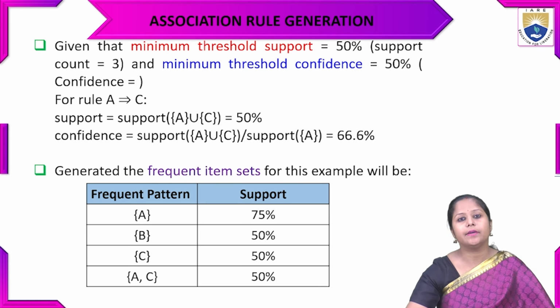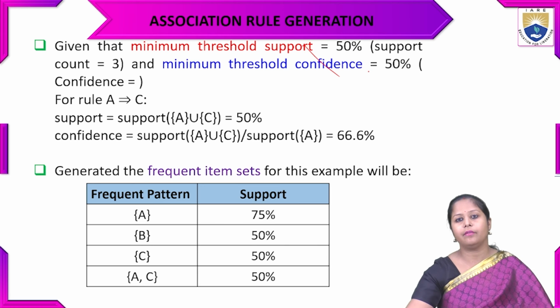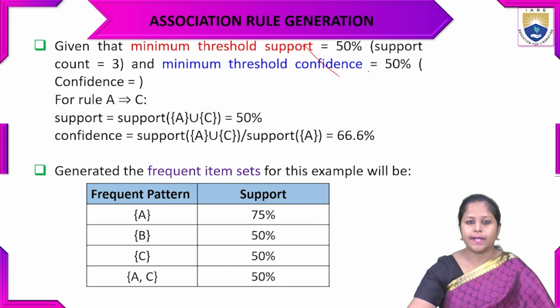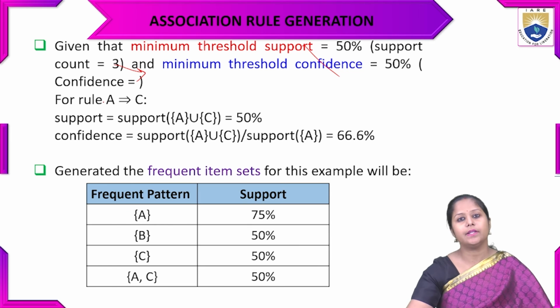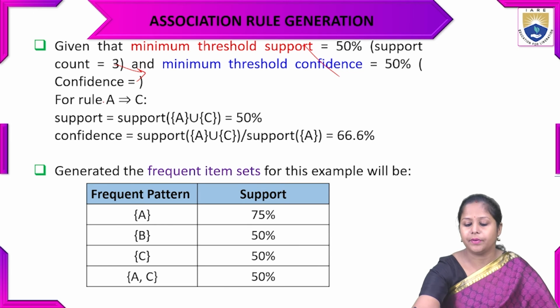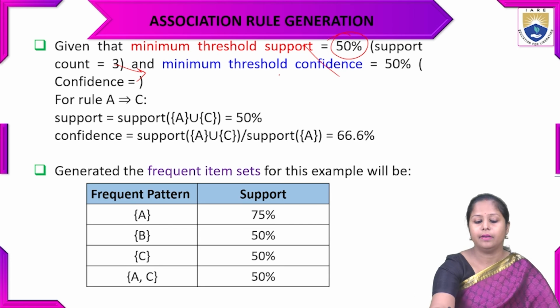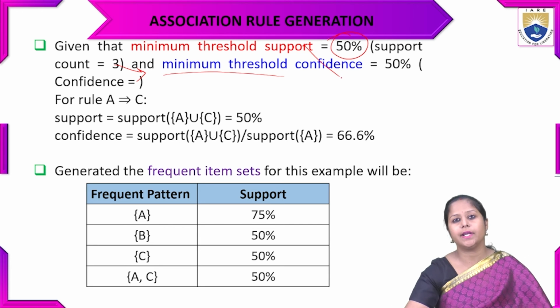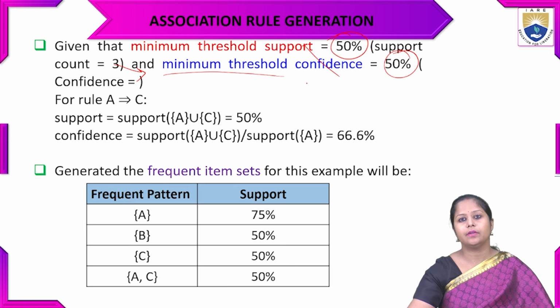Given that the minimum threshold for support count is 3, there will be a 50% support threshold for that table. The minimum confidence will also be 50% for the rule.